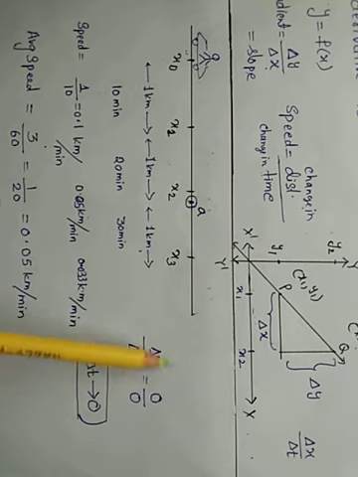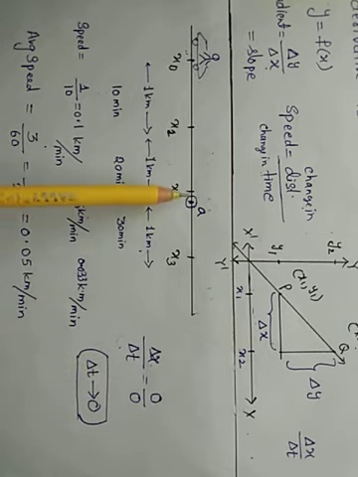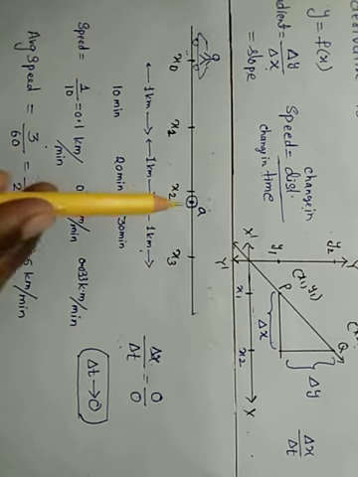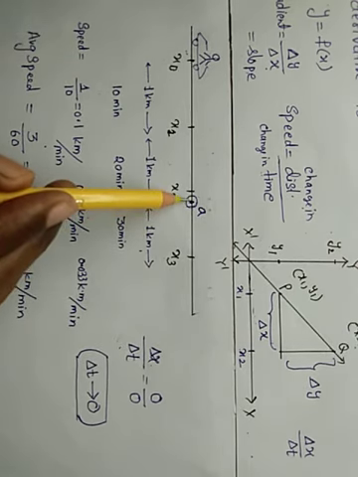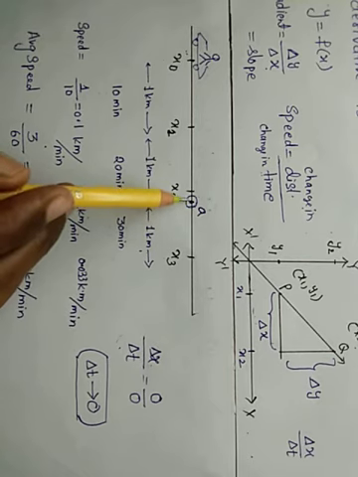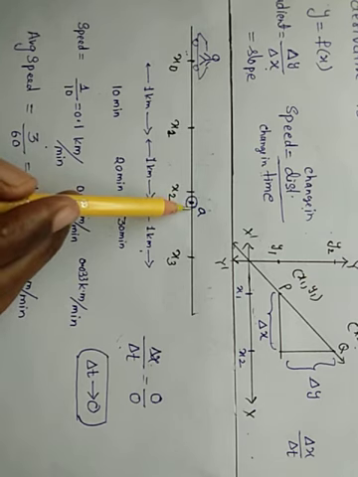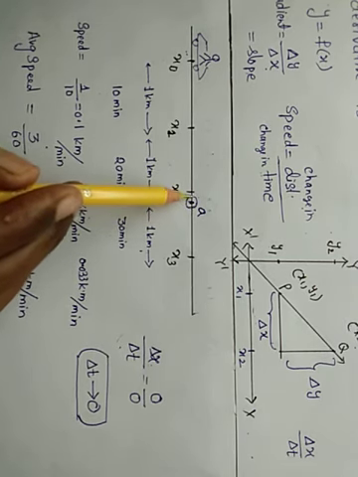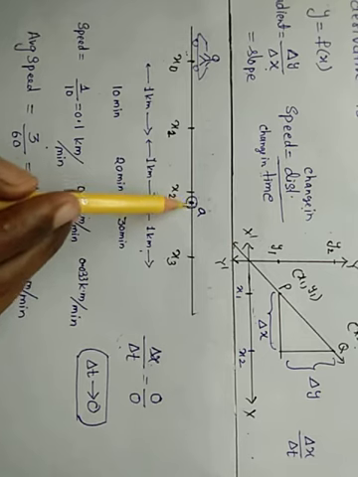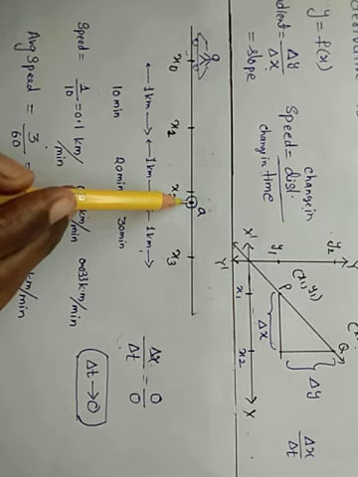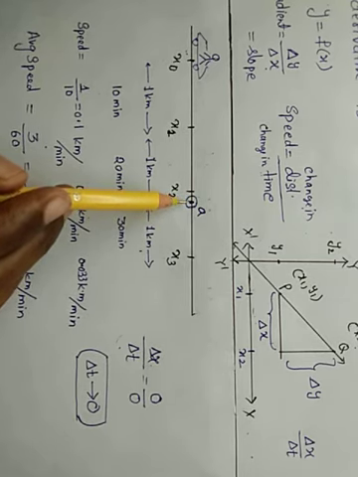So we cannot find instantaneous speed directly from here. But to apply formula for speed, I need 2 points. That's why what we will do, I will take a point which is very close to A. It may be on the right hand side, it may be on the left hand side, in this interval. Okay, very close. And when the second point is very close to A, no doubt the difference of time is going to be very, very small.